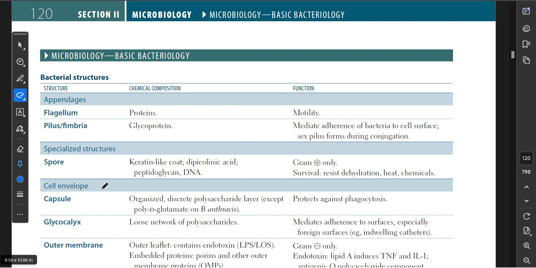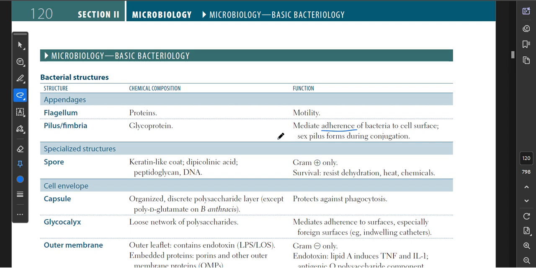The second structure is pilus or fimbria. It's chemically composed of glycoproteins. And what is its function? There are basically two types of pili: the sex pilus and a simple form of pilus. Pilus basically mediates the adherence of bacteria to the cell surface. So adherence is the normal general function of the pilus or the fimbria.